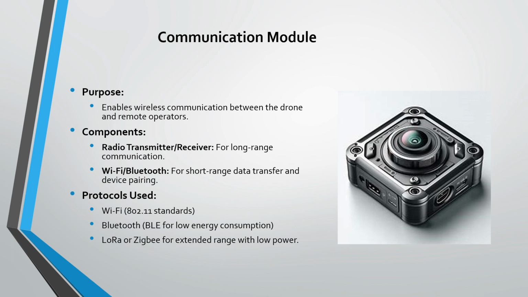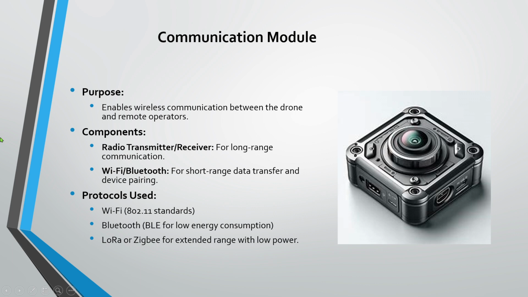The second one is Wi-Fi or Bluetooth, for short range data transfer and device pairing. It is basically used for short distance areas, like when we have to shoot a specific place or scene, so we can use it for short range data transfer.